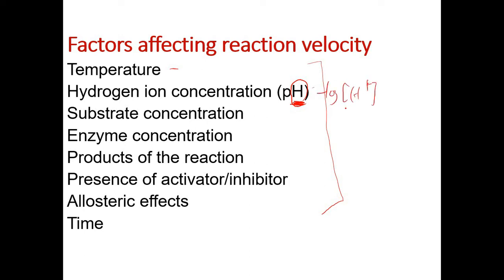We have the substrate concentration, meaning the concentration of the reactant that binds to the enzyme. And then we have the enzyme concentration. We have the products of the reaction. Remember, the products of the reaction could also affect the reaction velocity or speed. The presence of an activator or inhibitor, allosteric effects, and time. So we will go into this one by one.